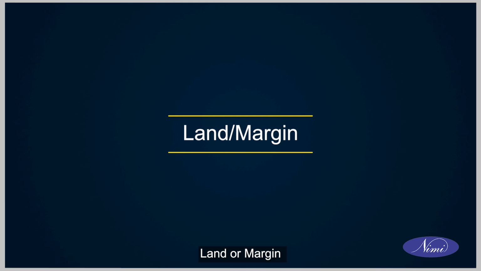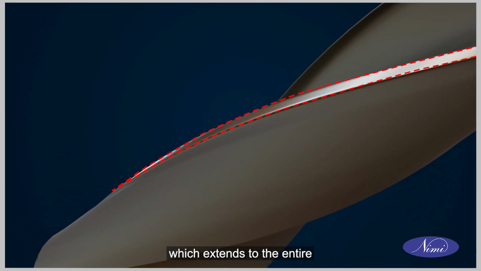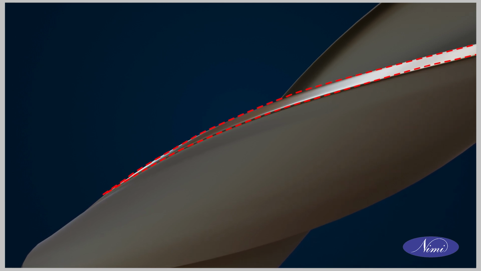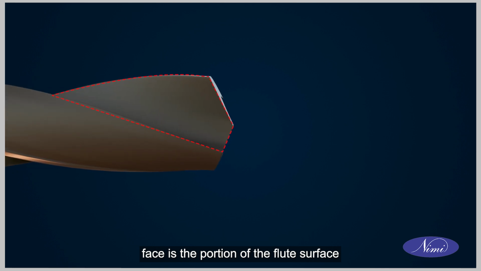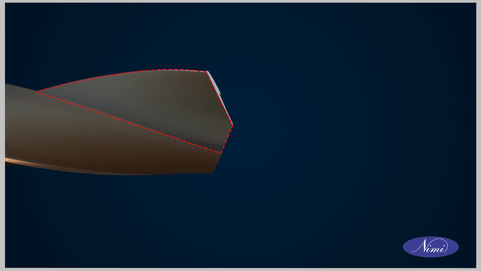Land or margin. Land or margin is the narrow strip which extends to the entire length of the flutes. Face. Face is the portion of the flute surface adjacent to the lip. Flank.